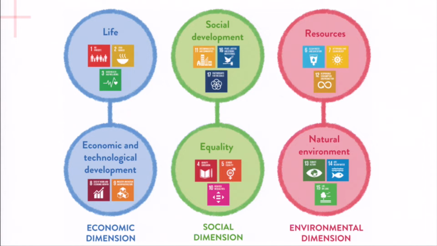When it comes to the environmental dimension, we can classify SDG 6, SDG 7 and SDG 12 under resources, and SDG 13, SDG 14 and 15 under natural environment, both coming under the environmental dimension. So, the 17 SDGs can be classified into each of the 3 dimensions: economic, social and environmental.